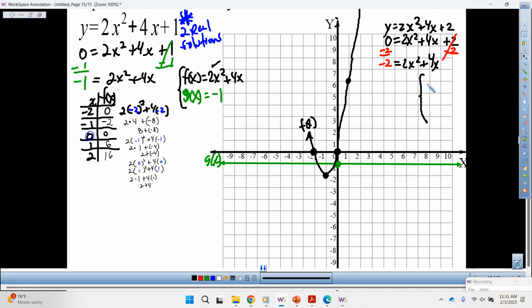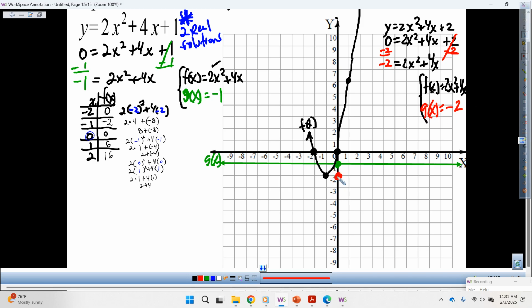Write the 2x squared plus 4x as f of x, and then the other one as g of x equals negative 2. All right, so let's graph g of x equals -2.